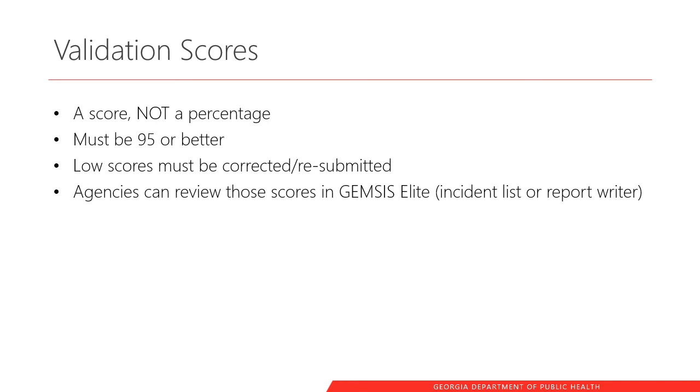Validation scores, right? A validation score is a score, it is not a percentage. And the validation score on runs must be 95 or better. And if there is a low score, it's got to be corrected and resubmitted to GEMSIS Elite. Right? Agencies can review those scores either on the incident list or in Report Writer in GEMSIS Elite.